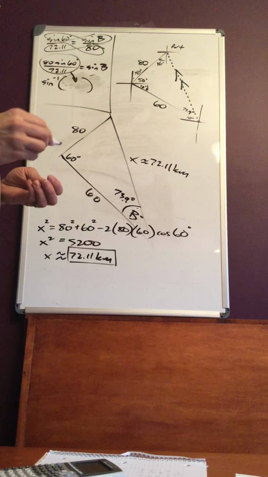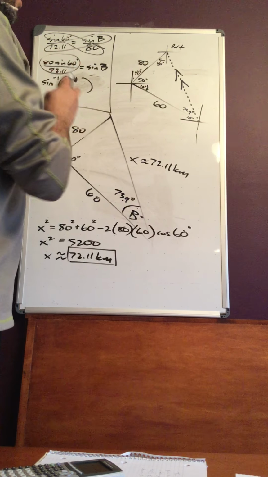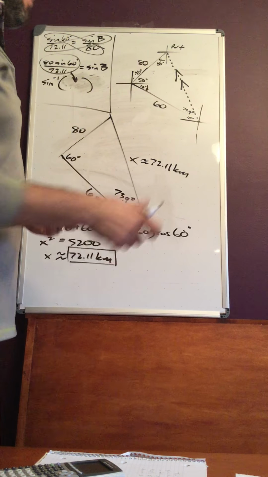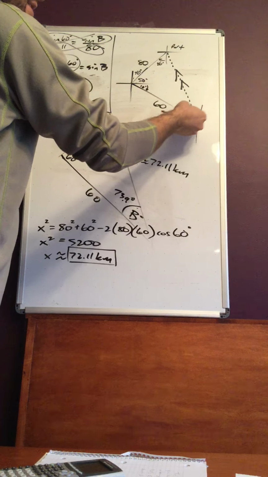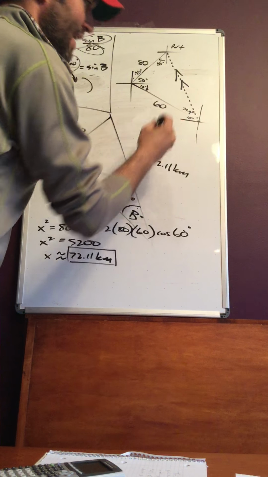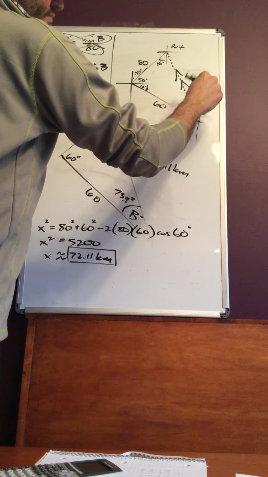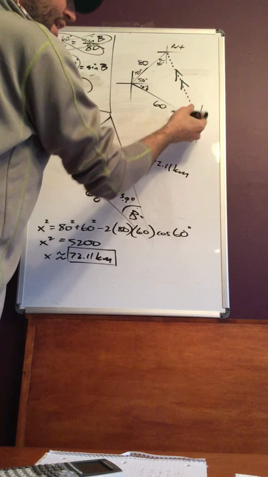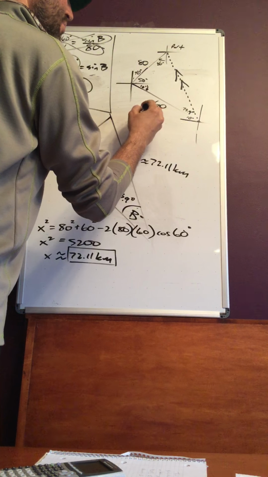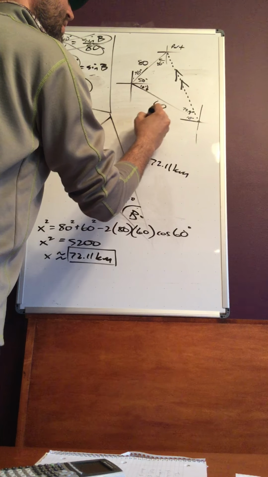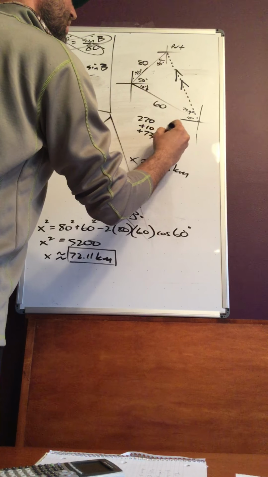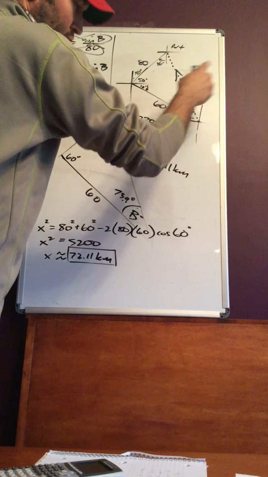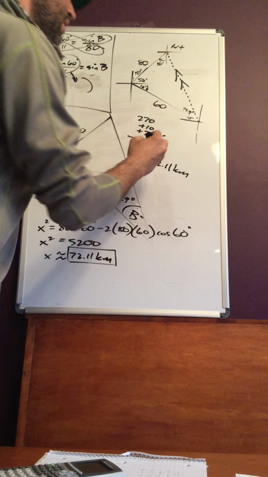So we have two options, okay? We can either use the bearings like they gave us in problem number 2 from homework last night: 0, 90, 180, 270. If we did it like that, it's going to be 270 plus 10 plus 73.9. So almost due north, okay? We're going all the way around this, that would be 280.